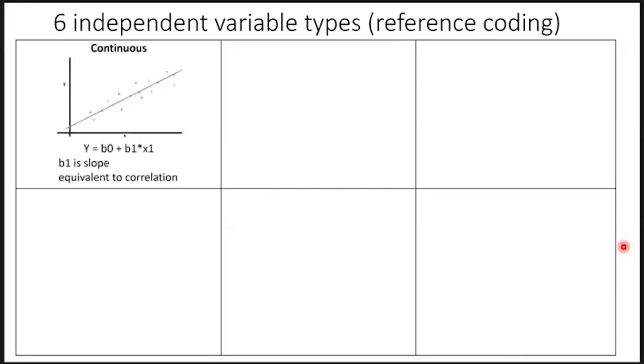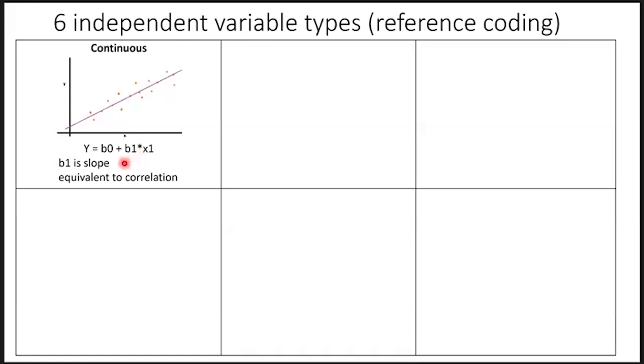So the first variable type is a continuous variable, right? So x1 is a continuous variable. So b1, we interpret it as the slope, and it is equivalent to a correlation between y and x1. It's not exactly a correlation. If you standardize it by multiplying by the standard deviation of x and dividing by standard deviation of y, it is the correlation value.